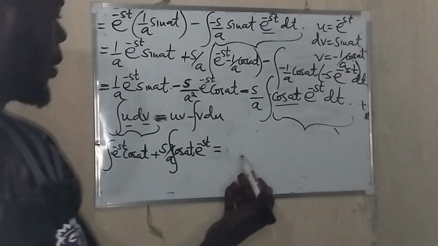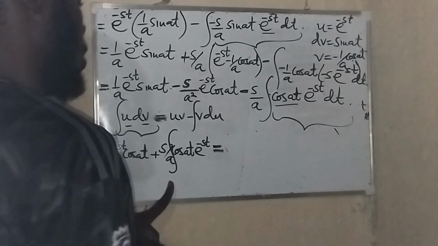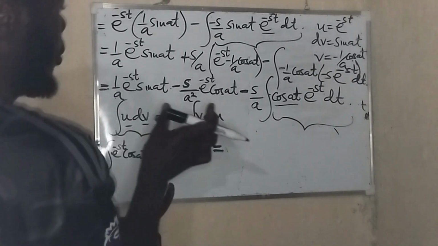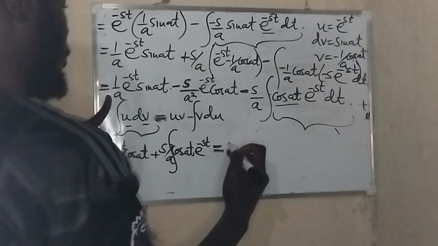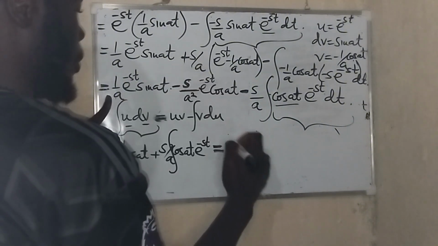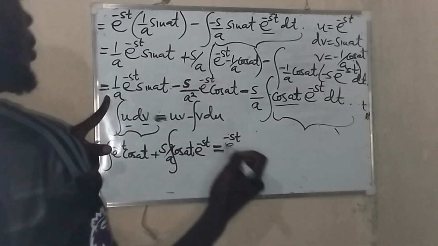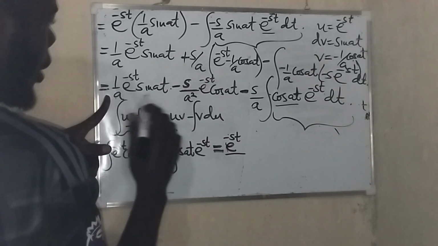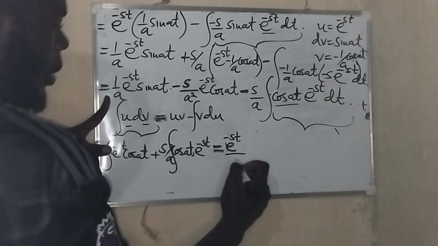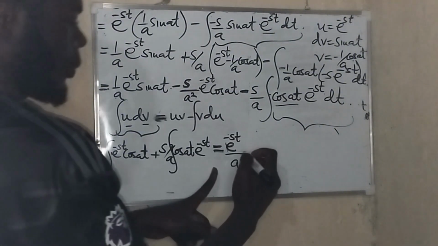So reaching at this point, we have to simplify this part. Exponential negative st is common, then we have over s squared as common.